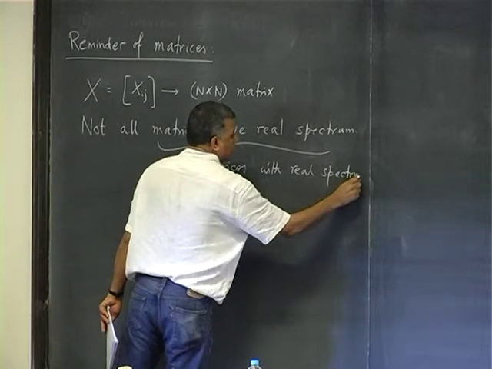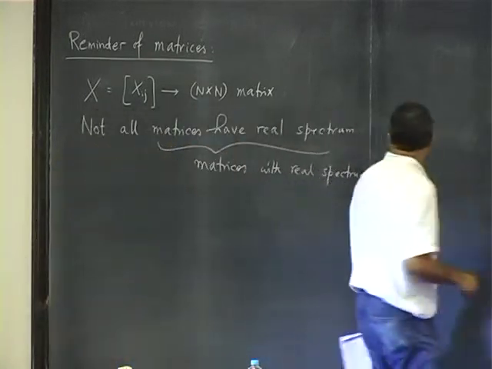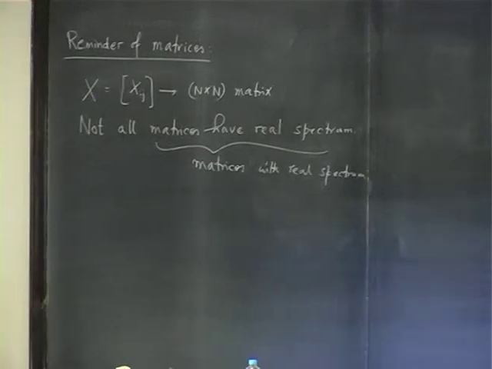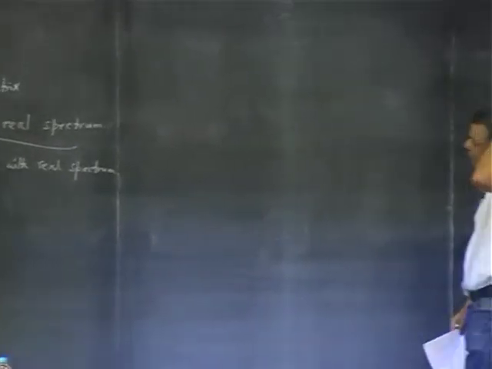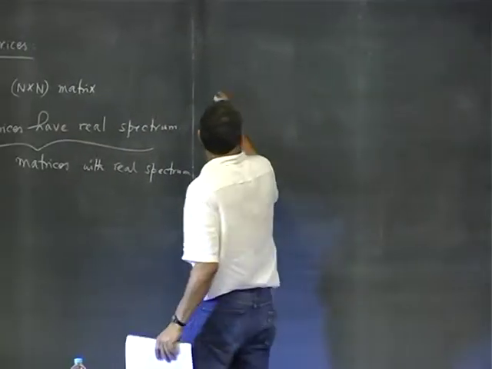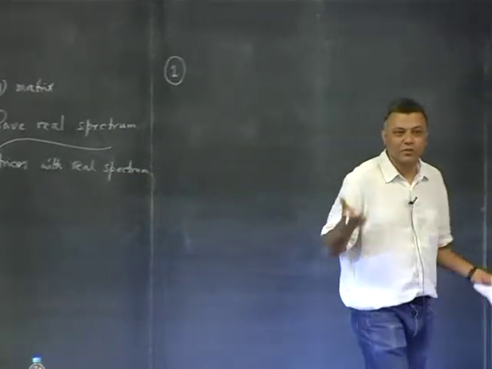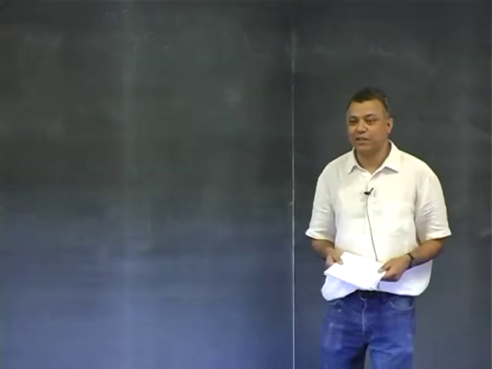Now, what could be such matrices? What type of matrices? If I give you a matrix, what properties do you need for it to have real spectrum? There's one very simple example. Can any of you tell me just one type of matrix which has real spectrum?